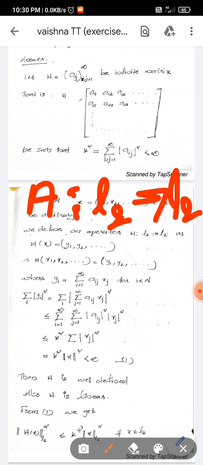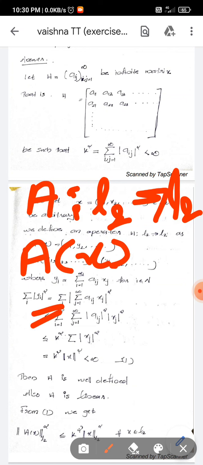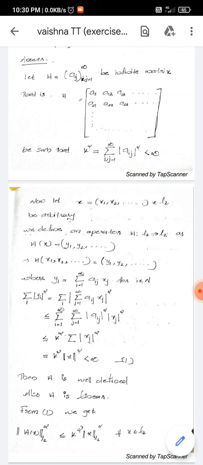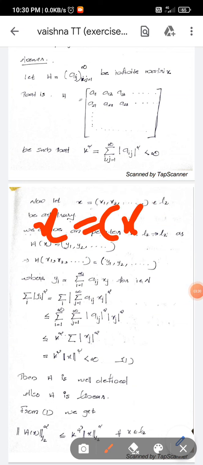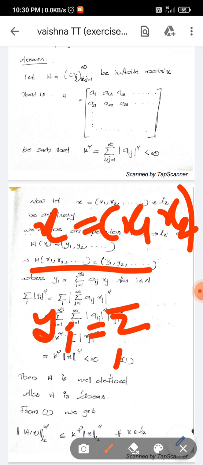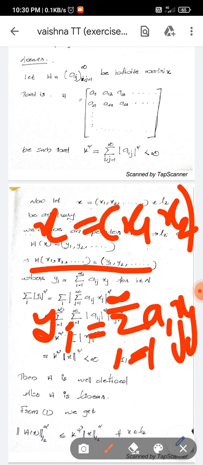We define A of x equal to the sequence y1, y2, etc. Here we let x be the sequence x1, x2, etc. Then A of the sequence x1, x2, etc. is equal to the sequence y1, y2, etc., where yi is equal to the sum over j equal to 1 to infinity of Aij xj for all i belonging to N.